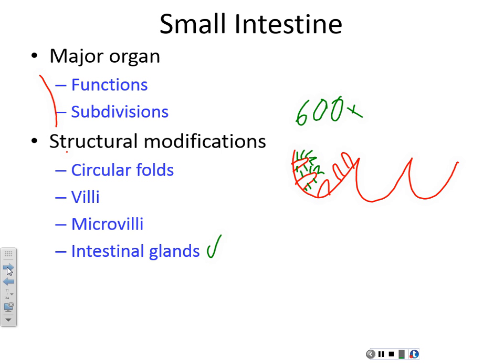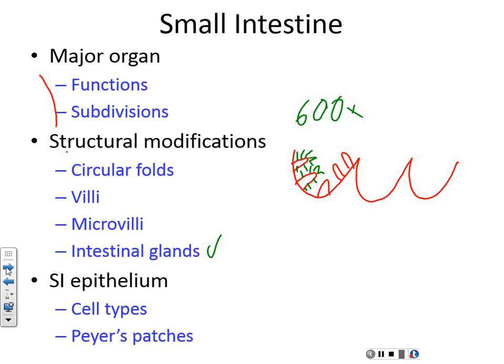Some of them secretin. In fact, as soon as the chyme from the stomach enters the duodenum, you release secretin. Secretin is what causes the pancreas and also the gallbladder to release a watery fluid containing bicarbonate ions, an alkaline solution, to neutralize the acid. Otherwise, it will go right through the small intestine, because the pH is about 1-ish, 1 point something, that's as acidic as you can get.